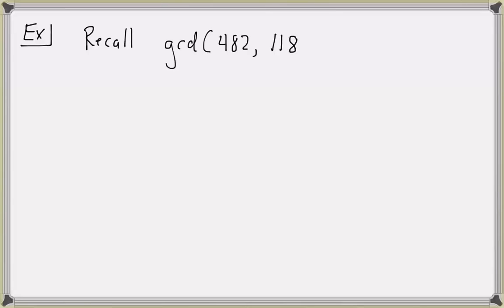So here's a quick example using this formula. Recall we used the Euclidean algorithm to find that the greatest common divisor of 482 and 1180 equals 2. So now we can find the least common multiple of these two numbers.